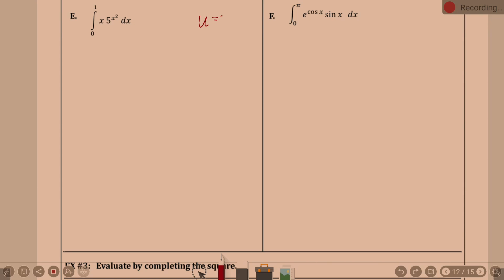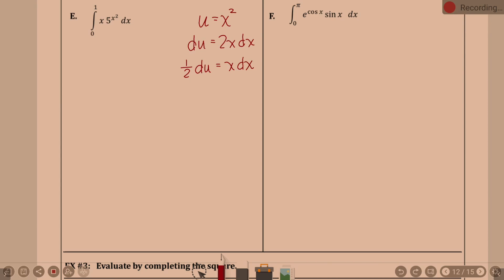U is x squared. What does that mean du is? 2x dx. Good news, you see an x there. What's missing? The 2. So 1/2 du is x dx.